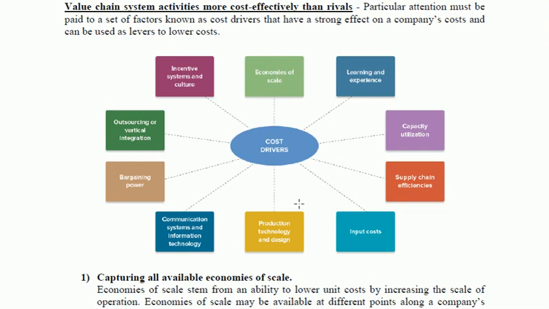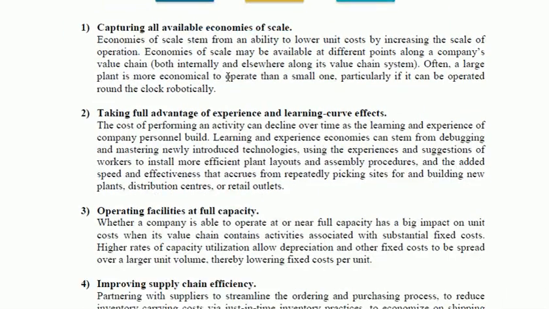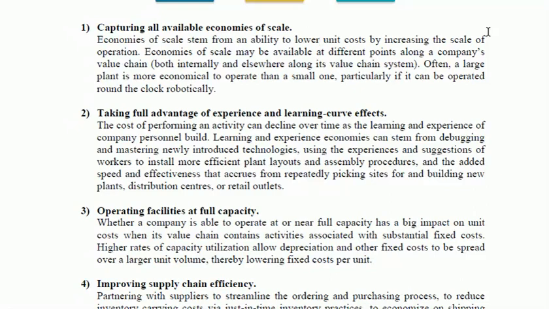Okay, so there are many things, 10 things basically, of the cost drivers, which, if the company wants to achieve cost cutting, they need to focus on all these. So whatever the company can do, we'll discuss in brief. It is very much self-explanatory. I'll just go through this. The first thing is capturing all available economies of scale. You know what is economies of scale?